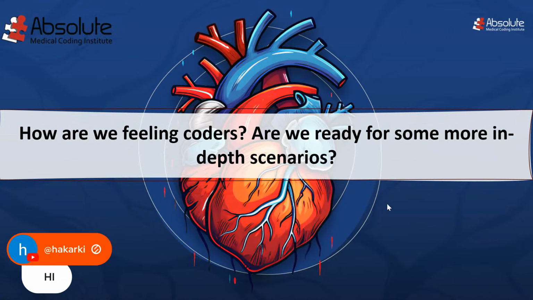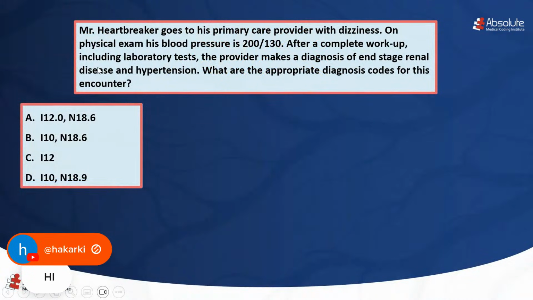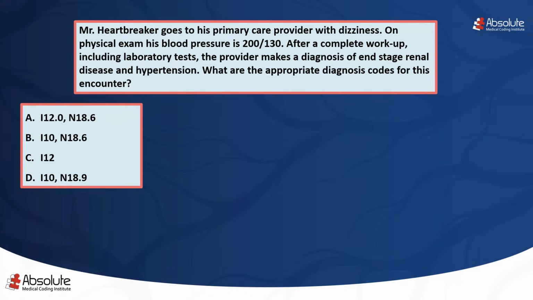Outstanding indeed, I agree. All right, so this is going to be our first scenario of the night. Mr. Heartbreaker goes to his primary care provider with dizziness. On physical exam, his blood pressure is 200/130. After a complete workup, including laboratory tests, the provider makes a diagnosis of end-stage renal disease and hypertension.